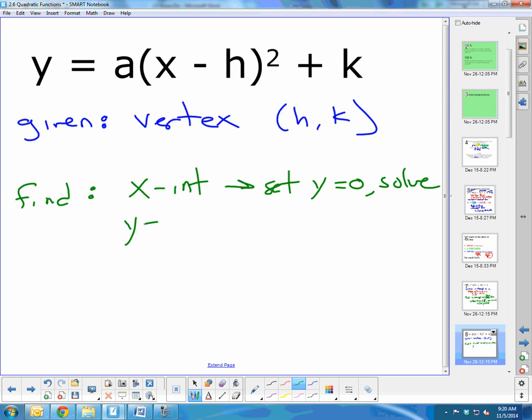And we're going to have to find the y-intercept, and that's going to be set x equal to 0 and solve your way through. And that's pretty standard general technique regardless. There's nothing fancy there. To consider that to be new material, I think would be incorrect. But one of the three important pieces of information was given to us. The other two we have to calculate. It's just a different piece of given from the previous form.